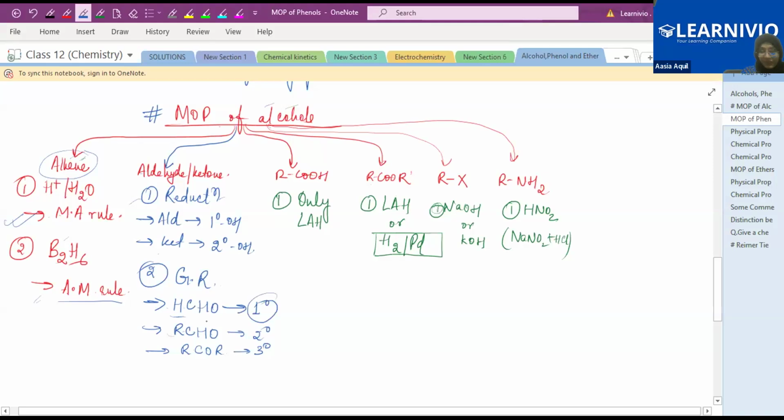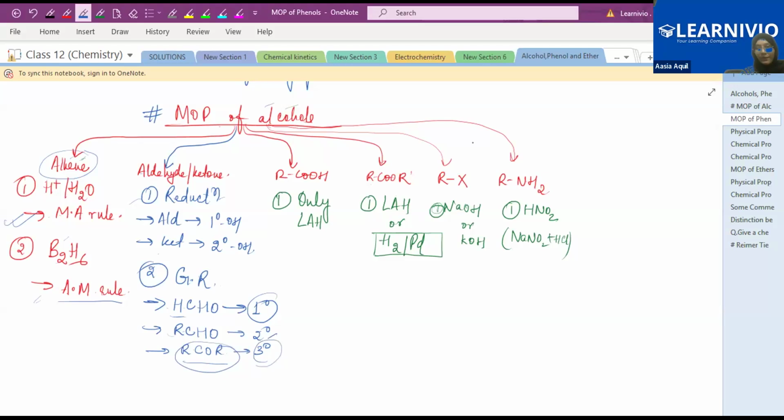When you treat another aldehyde with Grignard reagent, you will get a secondary alcohol. And a ketone on treatment with Grignard reagent will give you a tertiary alcohol. Just remember this flow chart and the trick, which rule you will use and how you will write the product.